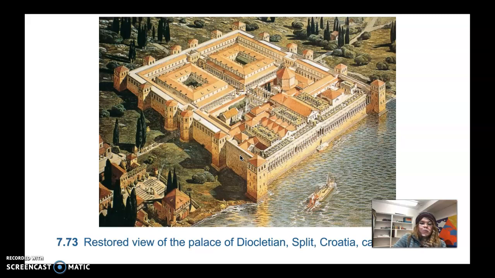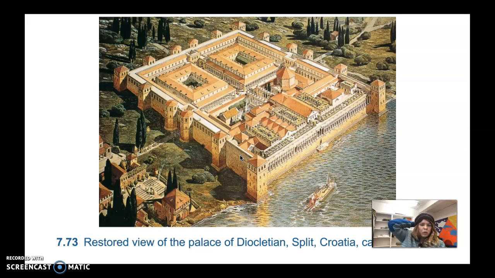This is probably because it was such a dangerous time to be in Rome. Really, it was just unstable at this time. So his palace reflects that it was a very turbulent time.